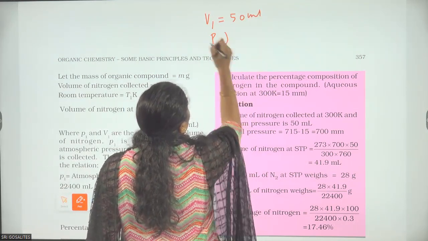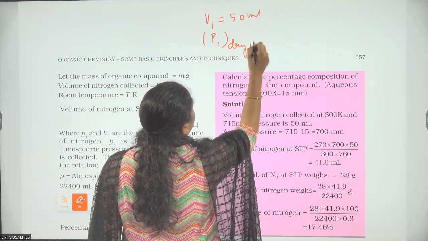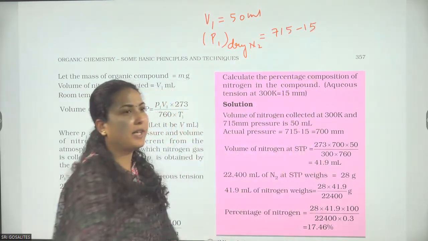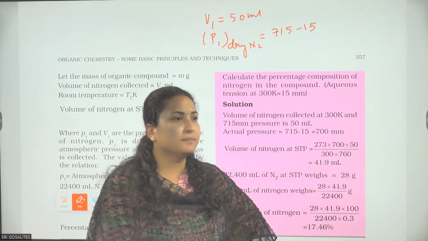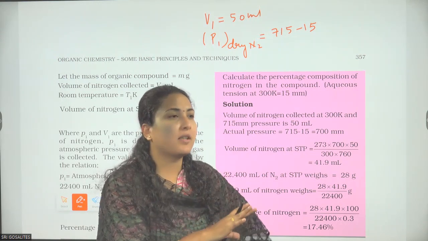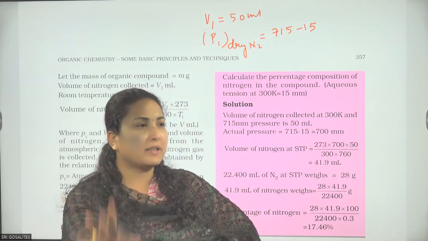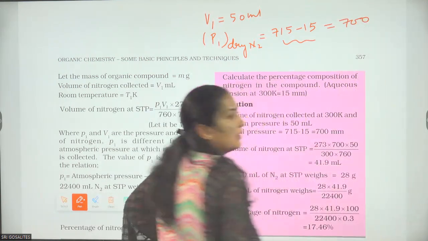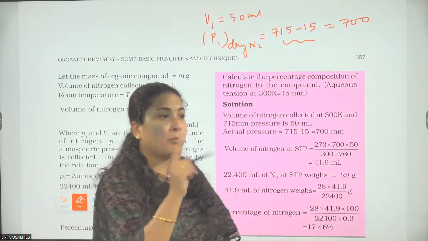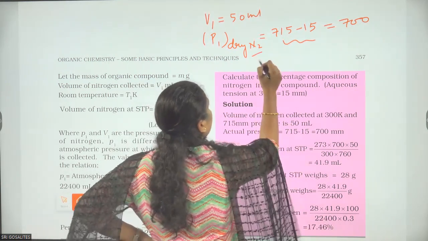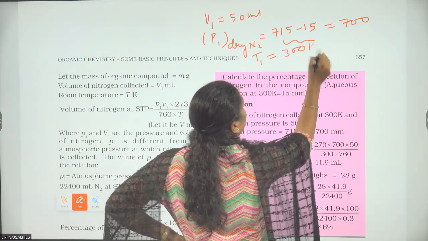The pressure of dry nitrogen will be 715 minus 15. Are you able to understand why I've done 715 minus 15? Because the pressure of moist nitrogen equals the pressure of dry nitrogen plus the aqueous tension, and that is why we have 700 mm of Hg, not at STP condition, and the temperature is 300 Kelvin.